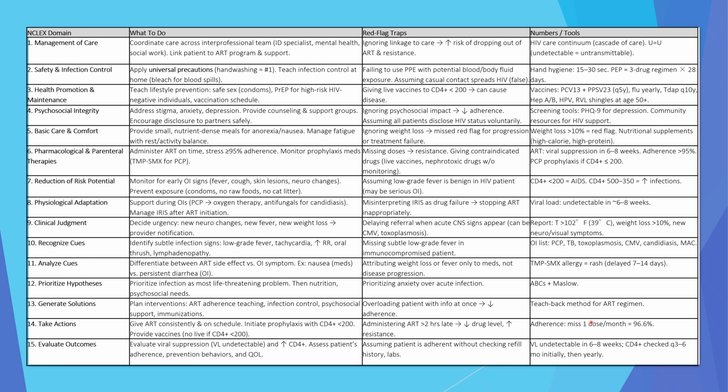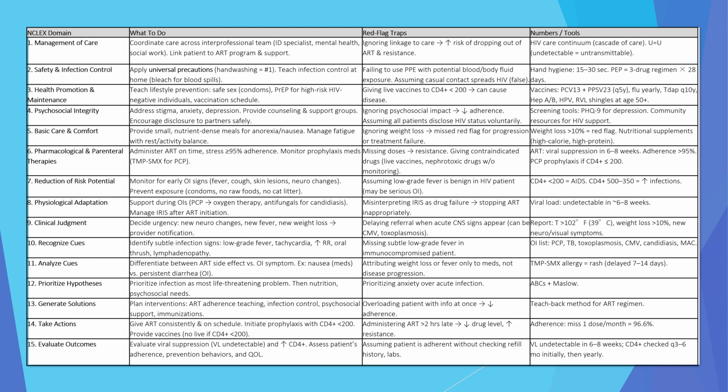Teach back, you know, like they have to tell you. Missing one dose per month has this percentage. Assuming the patient is adherent without checking the refill history and labs is an error. So make sure you check the refill history, the medication refills, and the labs.